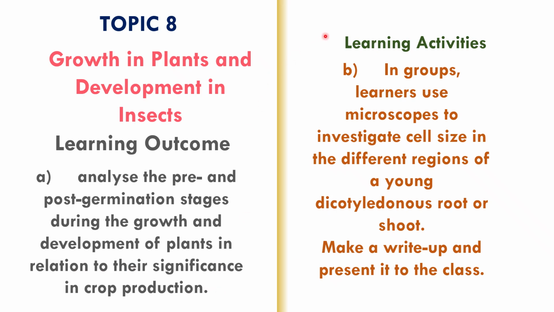We have been looking at learning activity B. In groups, learners use microscopes to investigate cell size in the different regions of a young dicotyledonous root or shoot. They make a write-up and present to the class.